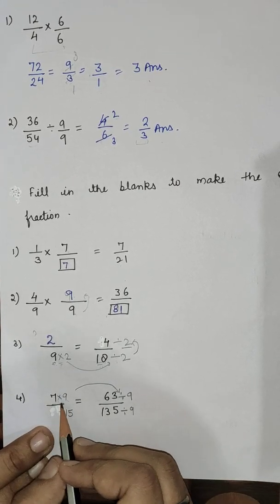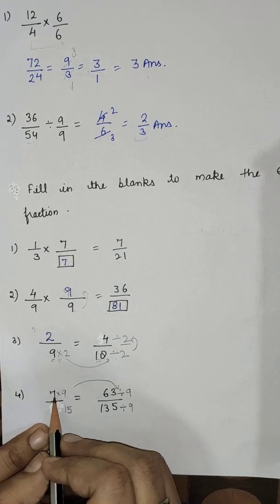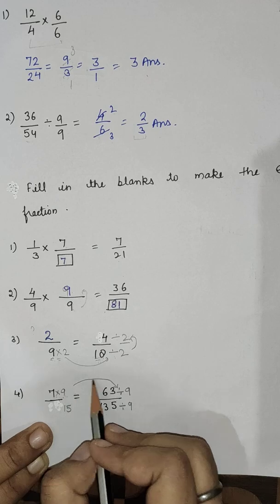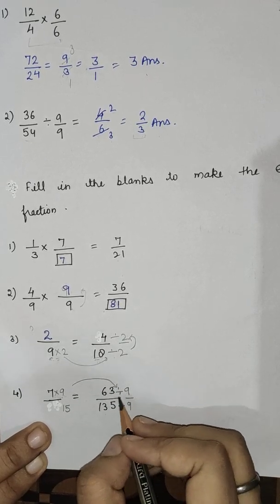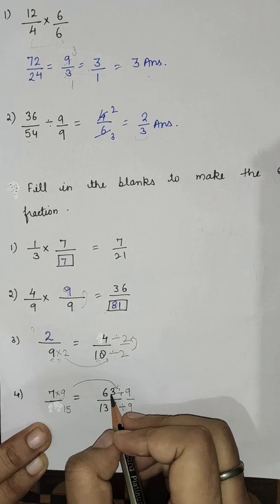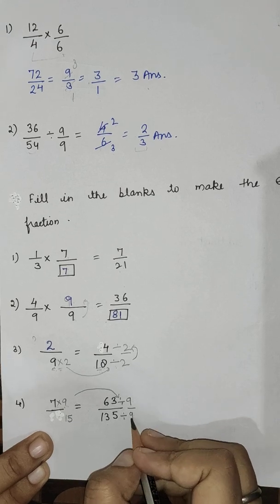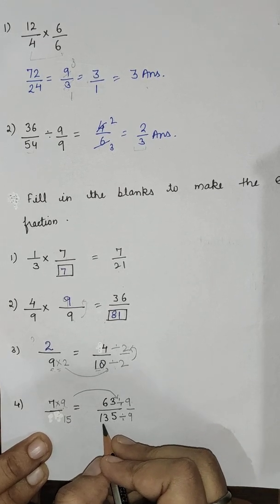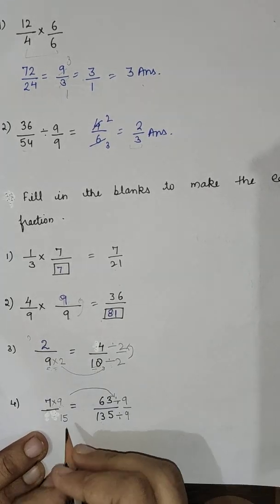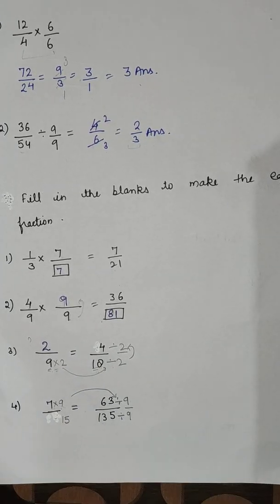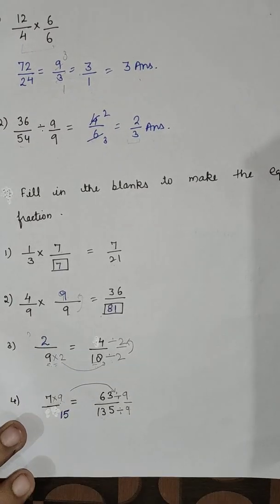Now if we multiplied 7 by 9 on this side, then on this side we divide by the same digit. So here we will divide 63 by 9. If the numerator is 9, then the denominator is also 9. Then 135 we will do the same. We will divide 135 by 9. Then if we divide it, we will get 15. So here the digit is 15.